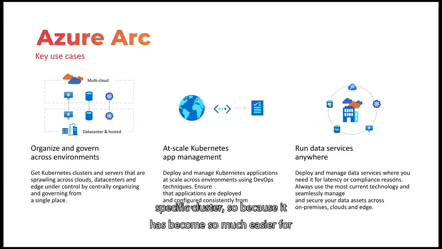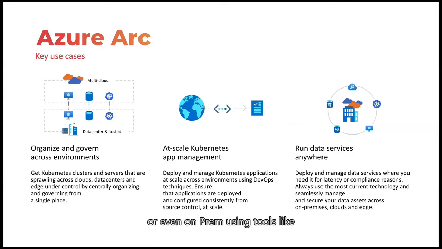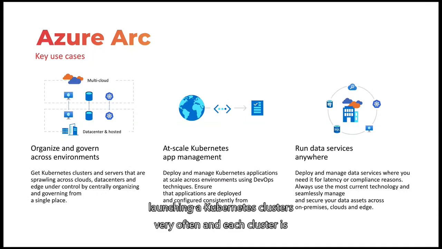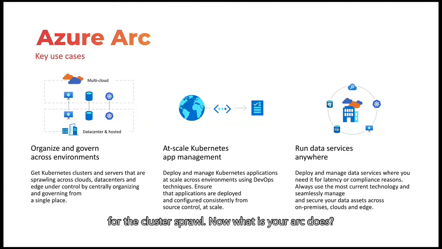Because it has become so much easier for customers to launch a cluster either in Azure or Google or AWS, or even on-prem using tools like KubeSpray and kops, customers are launching Kubernetes clusters very often. And each cluster is running an application. So instead of creating namespaces or partitioning applications within a cluster, many developers and operators find it easy and secure to spin up a cluster and run a workload on it. And this is responsible for the cluster sprawl.